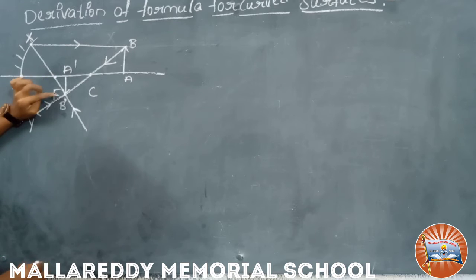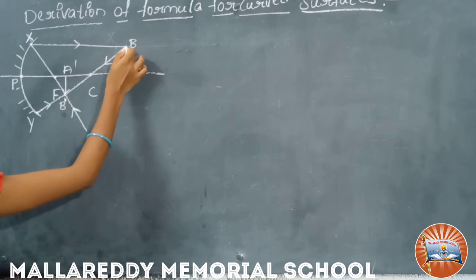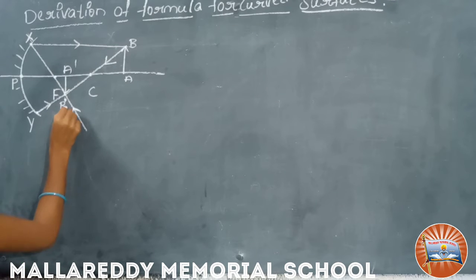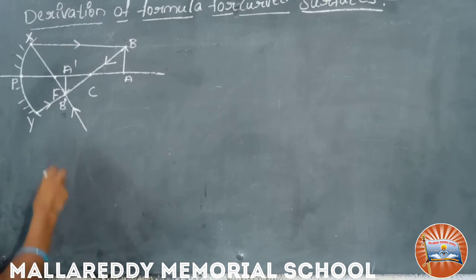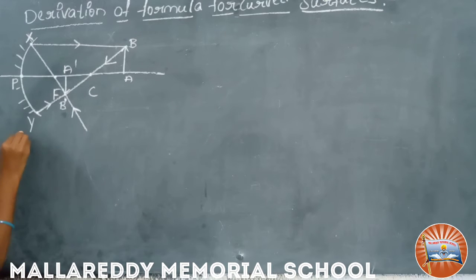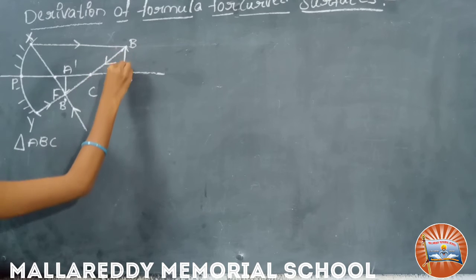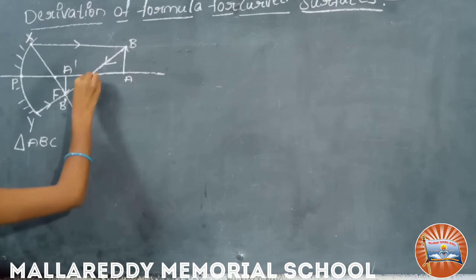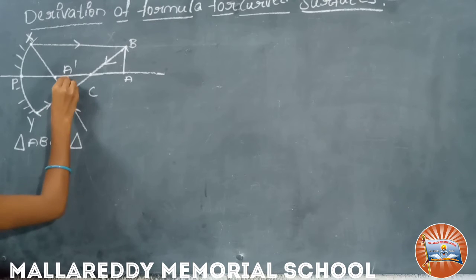So we can say that B dash is the image of object B here, right? Here B dash is the image of point B, right? So from this figure we can write that triangle ABC, triangle ABC, right? Now this is one triangle. Now take triangle ABC and triangle A dash B dash C, right?